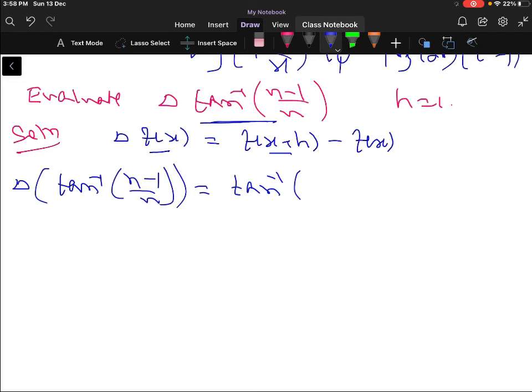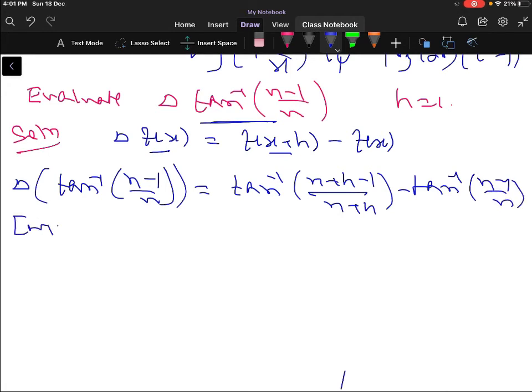So that is tan inverse of n plus h minus 1 by n plus h minus tan inverse of n minus 1 by n here.